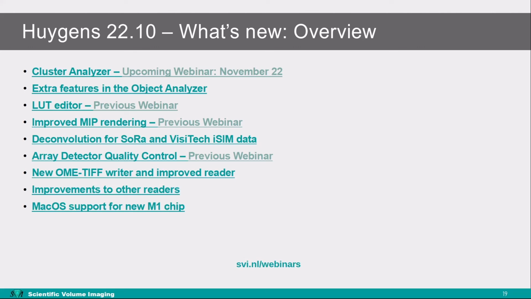We have a new tool to determine the quality of your array detector images. There's the option to write OME-TIFF files, and we can now better read this file type. We also improved the other readers and writers. Finally, we added a new installer for the new M1 chip for Macs.